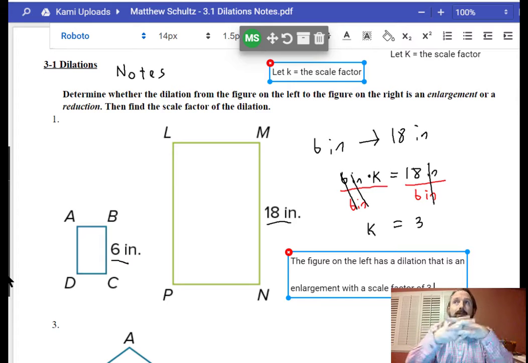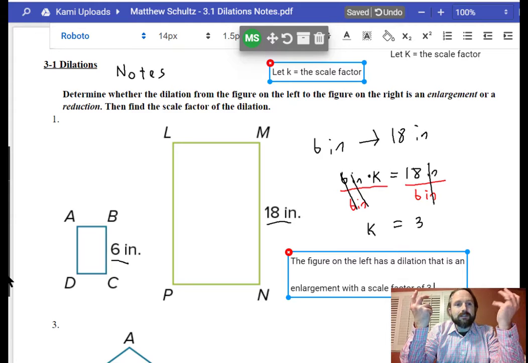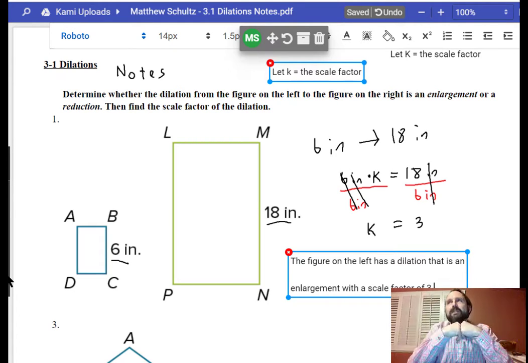So if it's bigger than 1, it's going to be an enlargement. If it's between 0 and 1, it's going to be a reduction. Think of it this way: half. If it has a scale factor of half, it's going to be half as big. So if it's 4, it's now 2. That's going to be half as big.